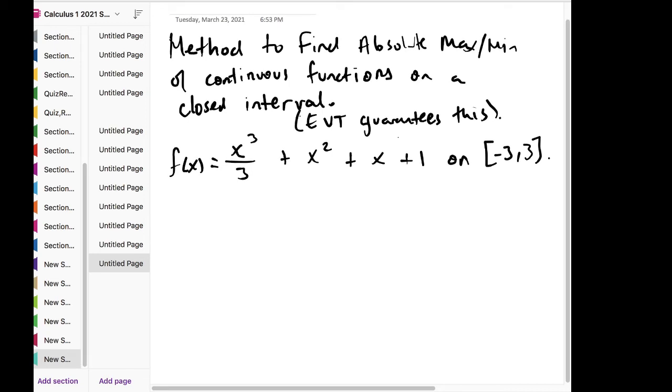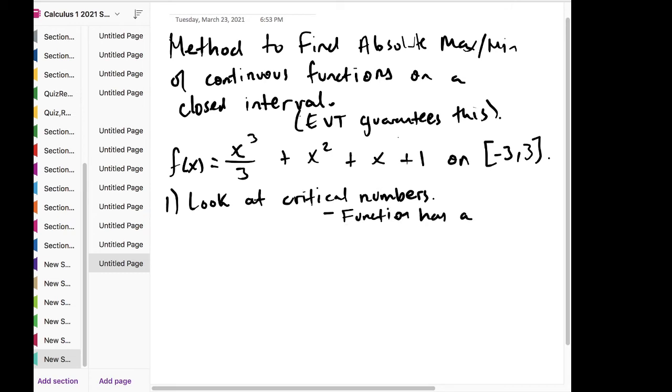Okay, so what are candidates for a continuous function to have a max or a min? For continuous functions, we look at critical numbers. This is where a function has a max or min.